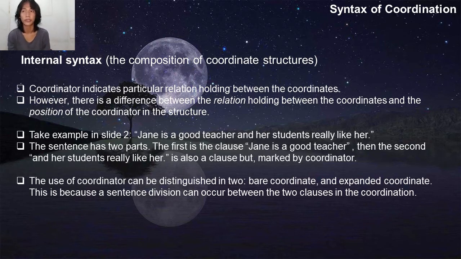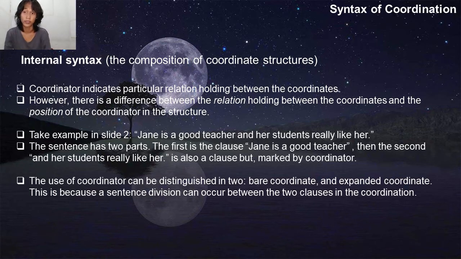That is a bare coordinate. And an expanded coordinate expands the meaning of the sentence. So the example from slide 2, and her students really like her, is an expanded coordinate.